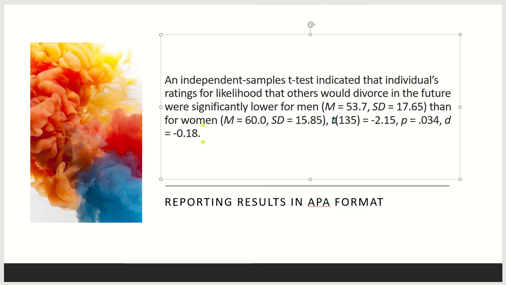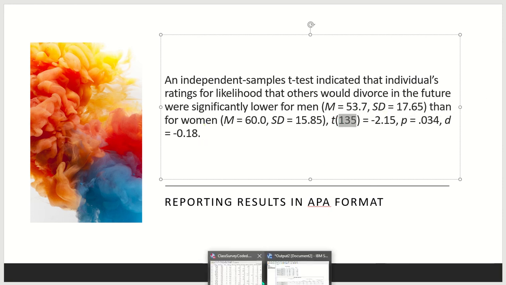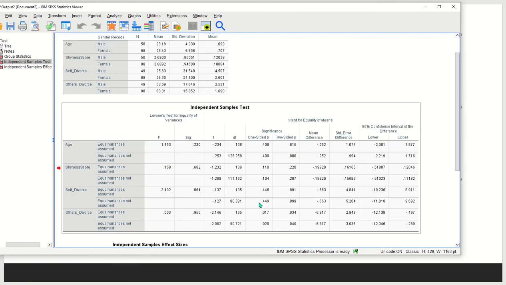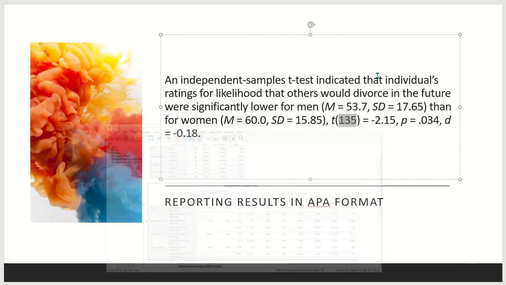And then you take the t statistic with the degrees of freedom. That's the degrees of freedom. You can find that right here. So if you're using the top row, you would use these degrees of freedom. If you're using the bottom row, you would use it here, right? Okay.